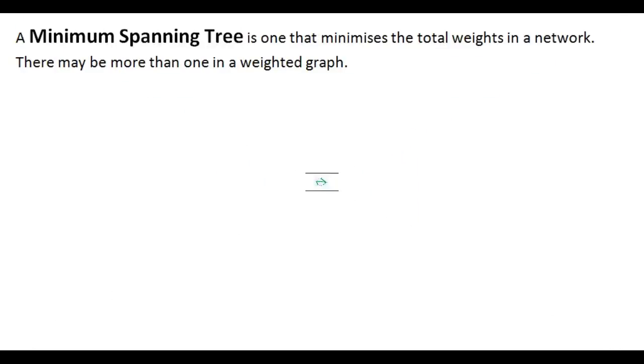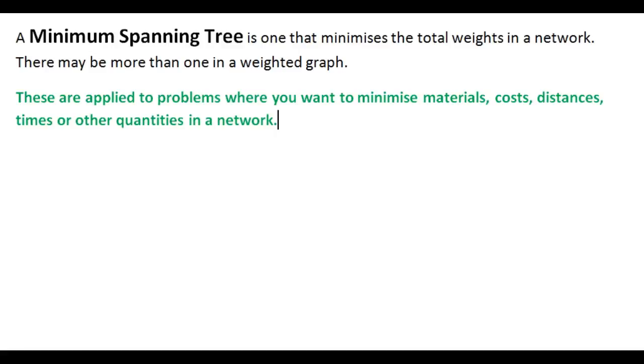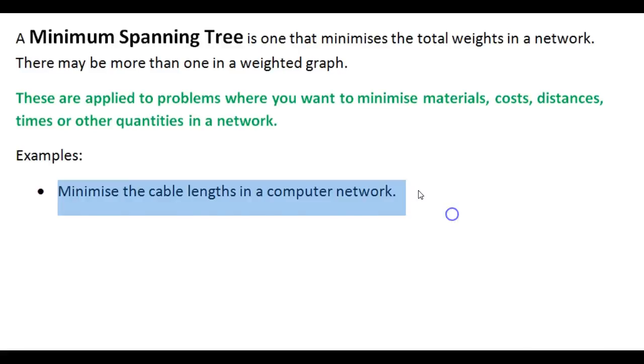A minimum spanning tree is one that minimizes the total of the weights in a network. There may be more than one in a weighted graph. Minimum spanning trees are applied to problems where you want to minimize things like materials, costs, distances, times, or other quantities in a network.